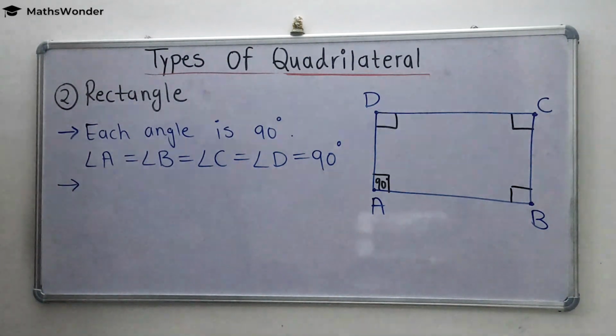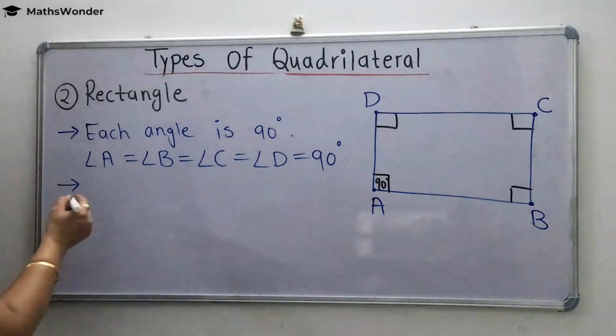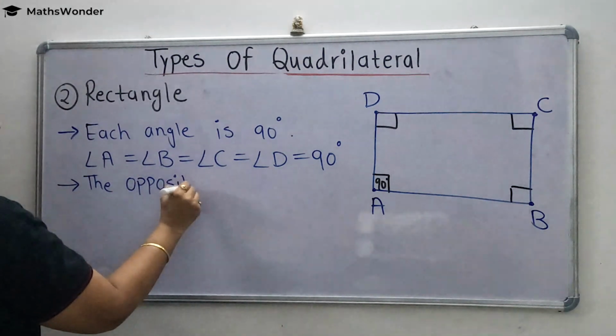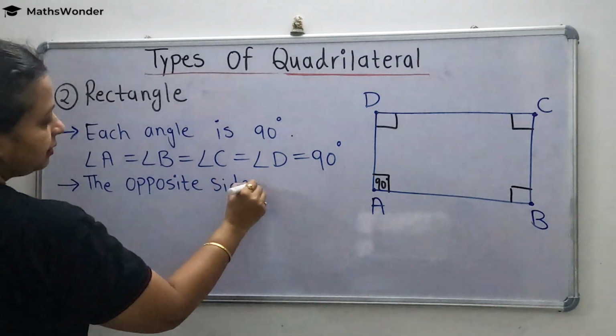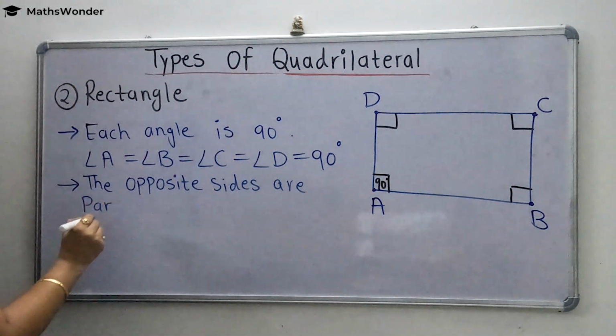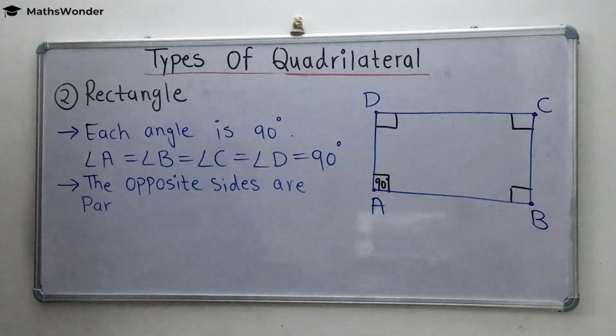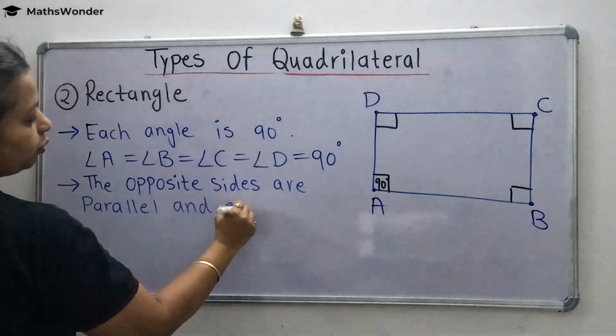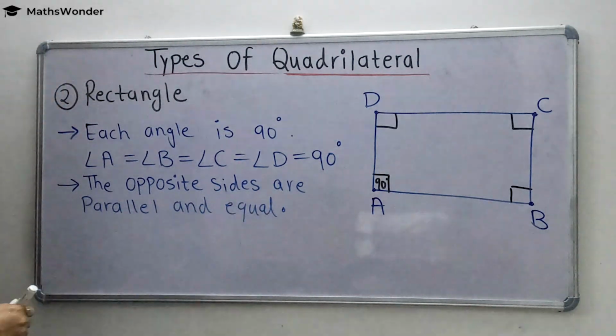Second is, in a rectangle being a parallelogram, the opposite sides are parallel and equal. So how will you write it?